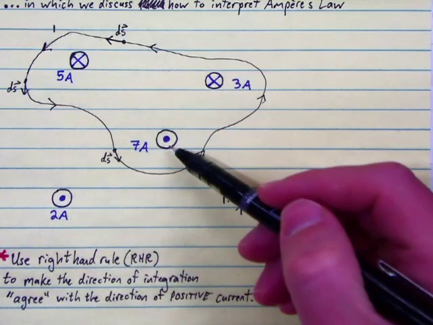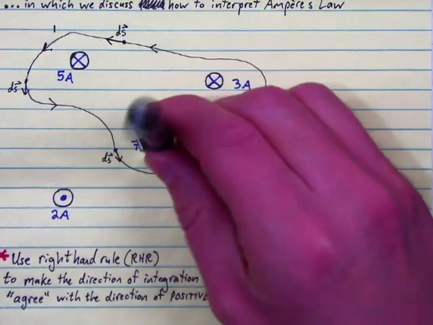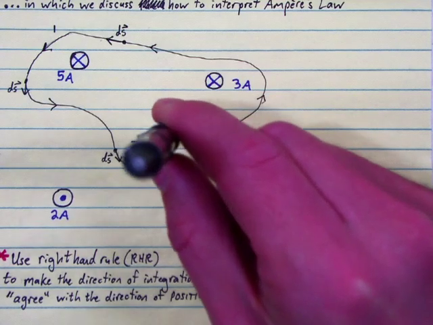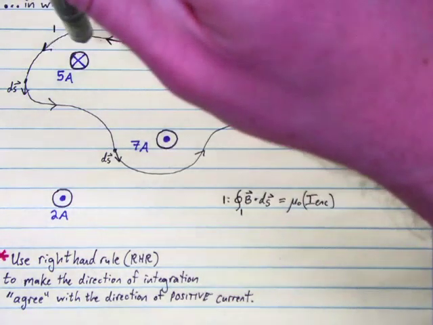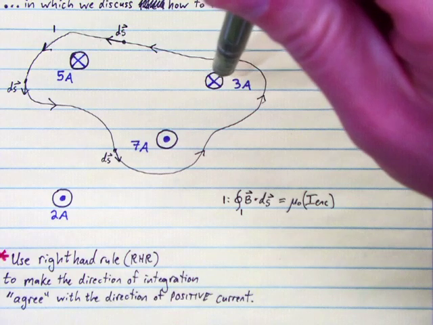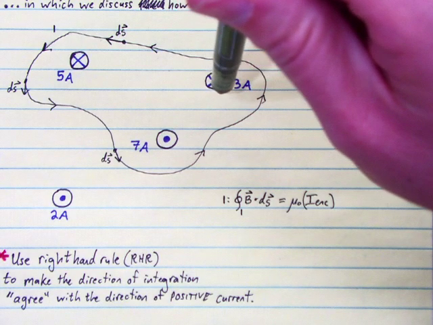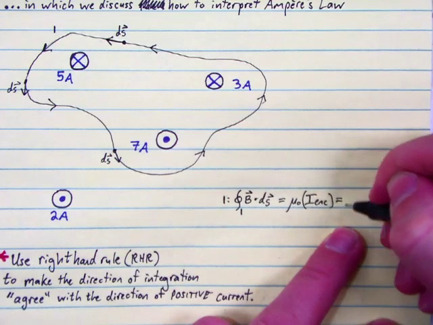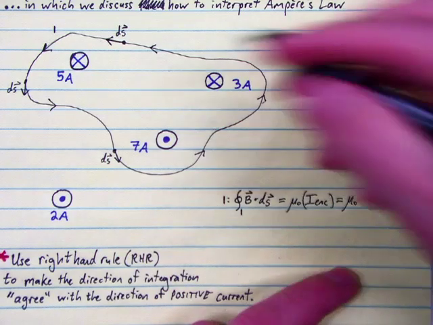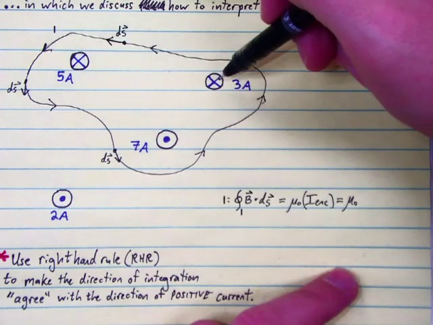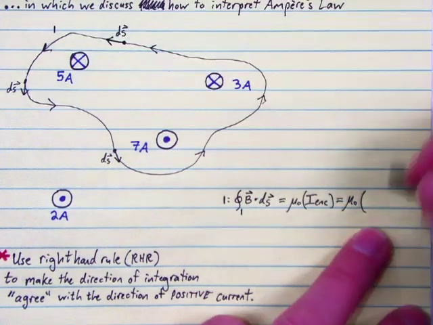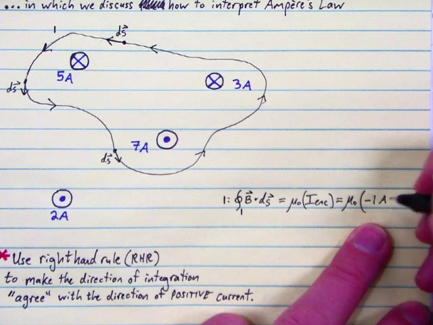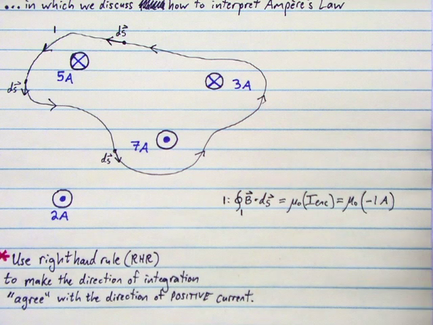So this 7 amps represents a positive 7 amps penetrating through that bounded surface, and these 5 amps and 3 amps represent negative 5 amps and negative 3 amps. So our total current enclosed would be the -5, -3, and +7 amps. So that's -8 plus 7, a total of -1 amps would be the current enclosed by that particular path.